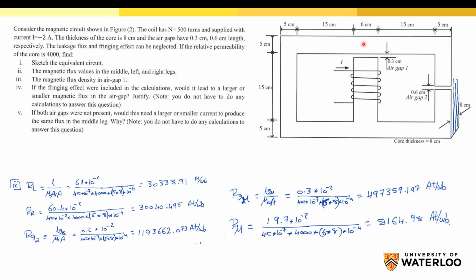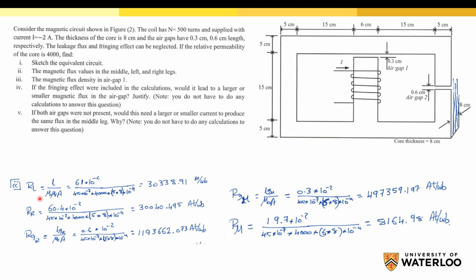However, it is not constant for the middle core because the width here is 6 centimeter, not 5 centimeter, and this is one of the tracks. So the area here is not constant. Take care.